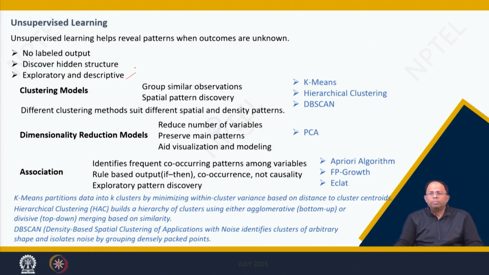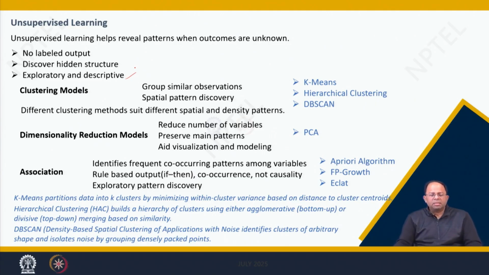One is a clustering group of models. What it does is it groups similar observations together. It can also go for spatial pattern discovery. That means if it is varying as per different zones or locations, particularly when we do heat maps, we want to identify which zones show similar values and so on. That part could also be done with clustering models.